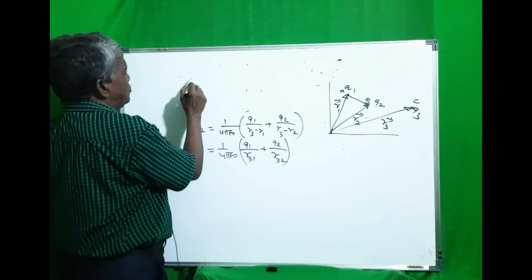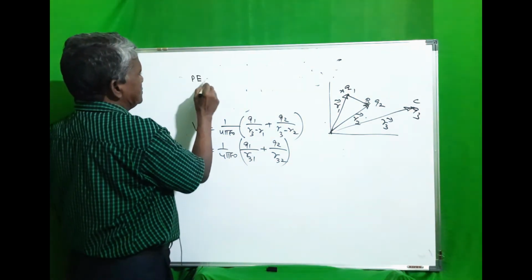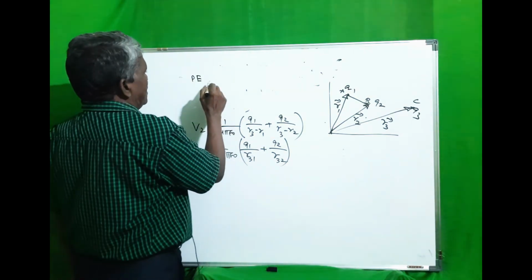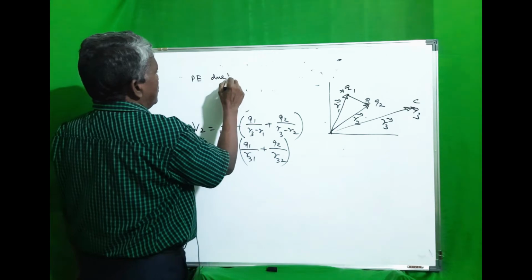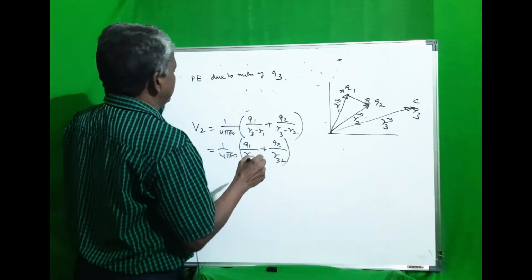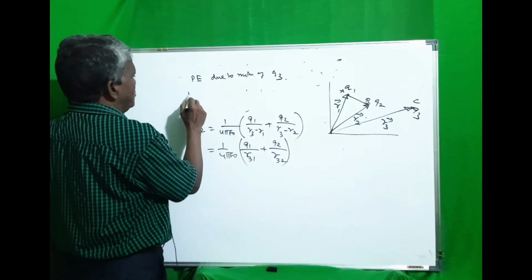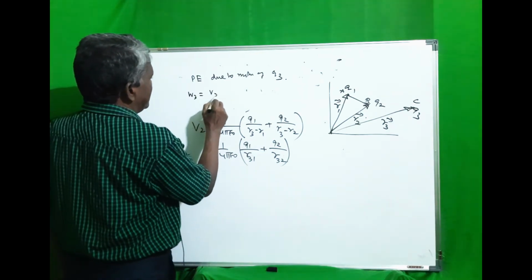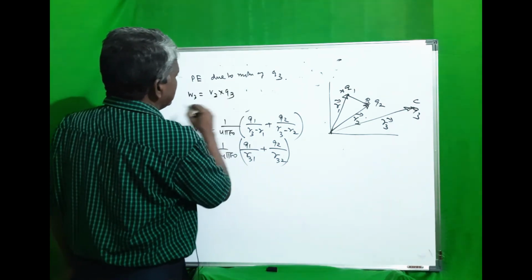Hence the potential energy due to motion of Q3, W3, is V2 into the moving charge.